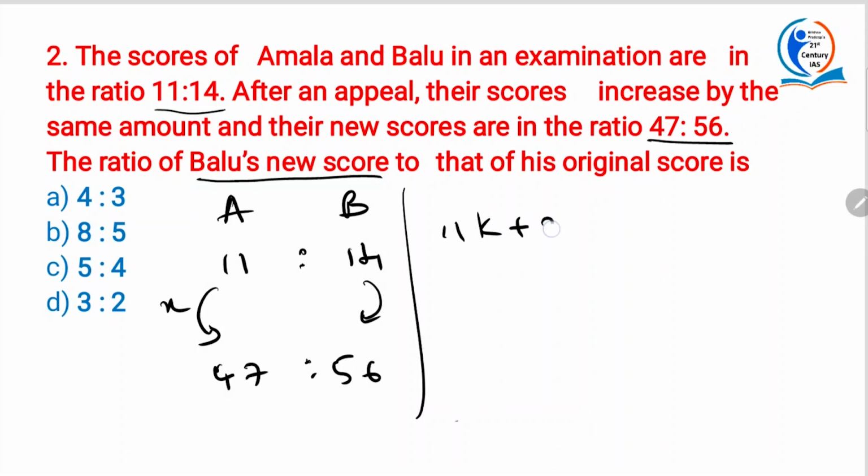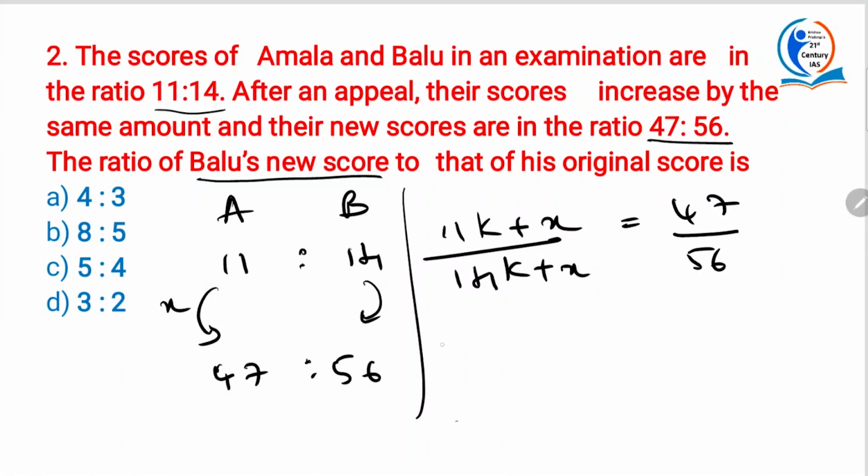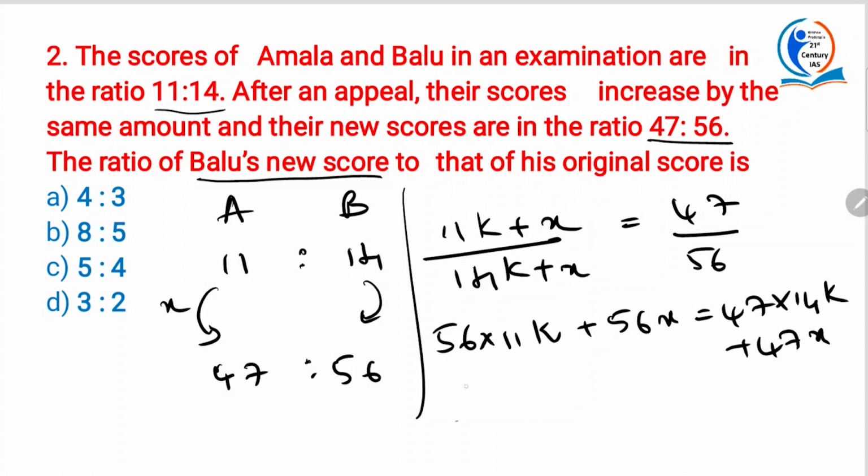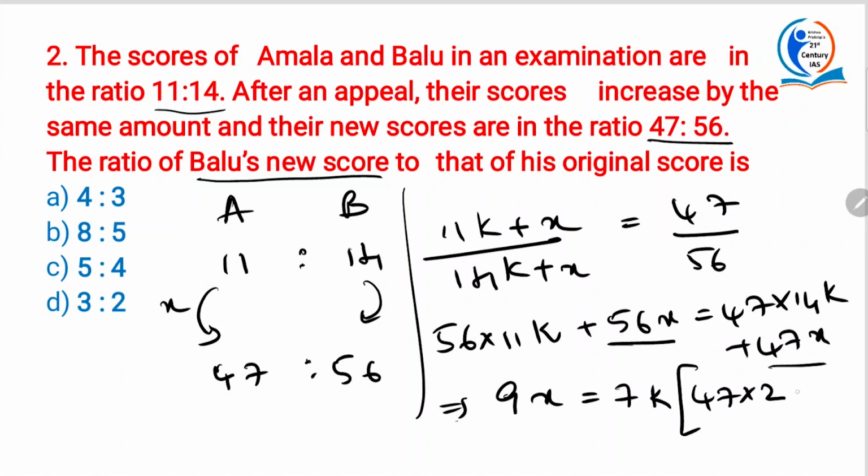11k plus x is to 14k plus x is equal to 47 by 56. Now, 56 into 11k plus 56x is equal to 47 into 14k plus 47x. This implies 56x minus 47x is how much? 9x is equal to, now you take 7 common, 7k into 47 into 2 minus 8 into 11.